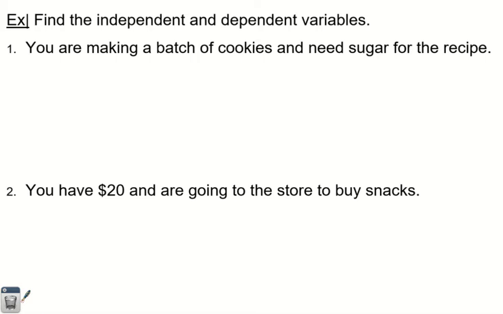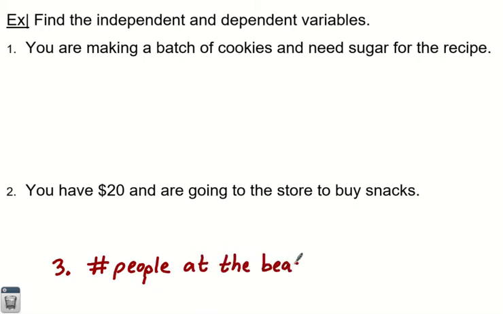So as far as the two variables of, I'll even write it as a number 3, number of people at the beach and the temperature.